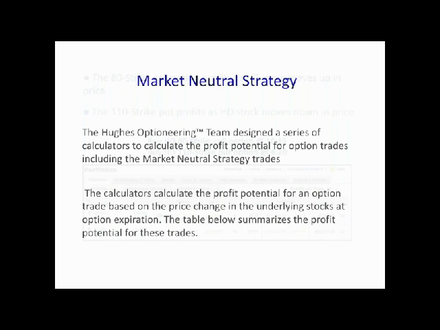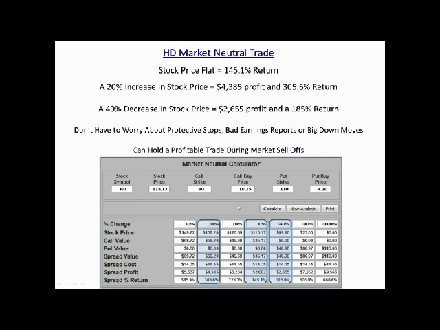And we have a calculator for these market neutral trades that will calculate the profit potential for the spread, assuming various price changes in the underlying stock at option expiration. So here's the market neutral calculator, and again, this is for Home Depot. The stock was trading at 115 at the time.